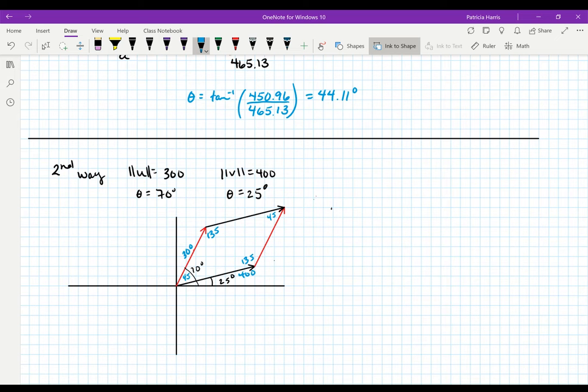Okay, so if I add my two vectors and find the magnitude and the angle of the vector, I am going to use, believe it or not, law of cosines and law of sines. So to find the magnitude, use law of cosines.